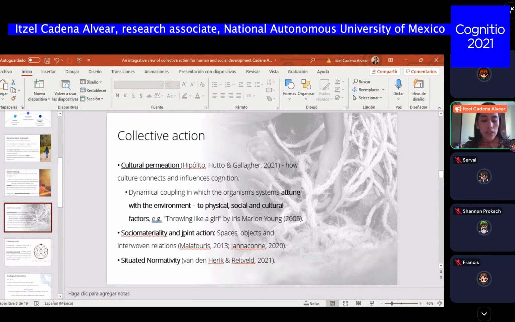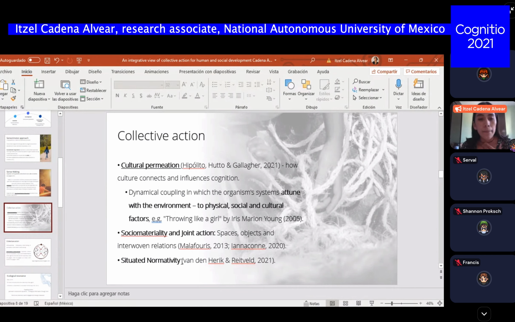So, in this sense, we are taking into account the objects that surround us, that seem to actively contribute to the typical and atypical psychological development, that is the cognitive, affective, and social development, influencing to several degrees the way that we experience the world. So we are taking not only the agents and the environment, but also the spaces, objects, and their interwoven relations.